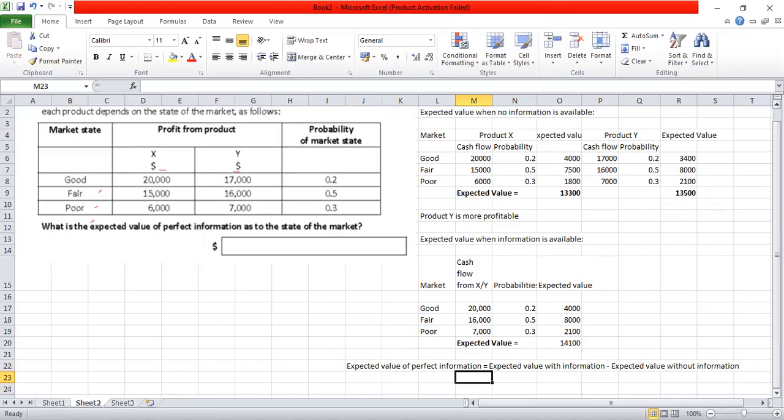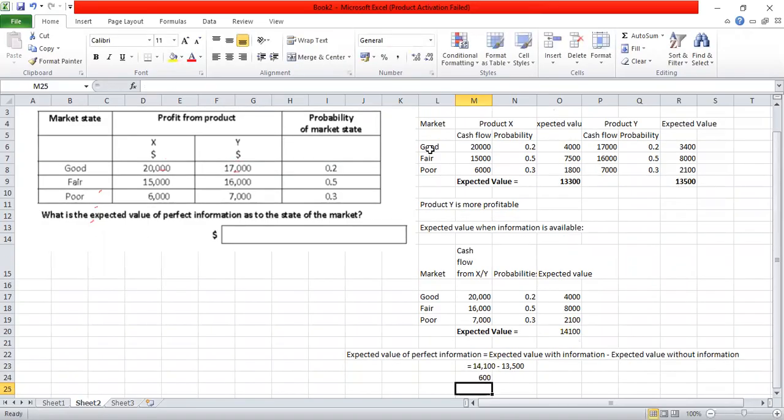So find out what's the value of information. What's the answer? 600 is the answer. So the value of information is 600.